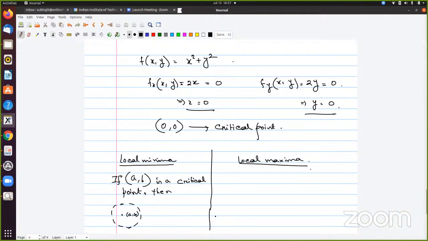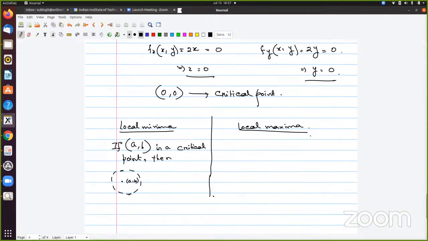If in that open disk every point (x, y) has f(x, y) greater than f(a, b), then this is a local minimum, right? Why is it local? It is minimum in that neighborhood only. It may not be minimum globally, right? That is the same type of definition we came across in one variable calculus, right?